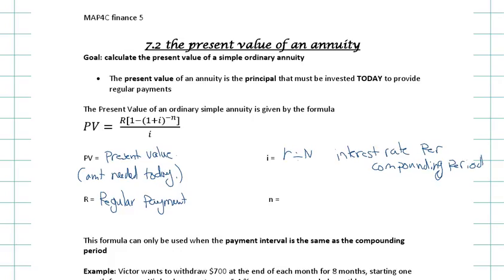And N is your period, compounded period. And then remember that N has to be in the same unit, so if it's not, then you have to do the years times the compound period.